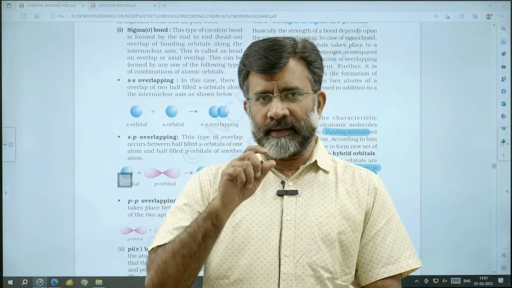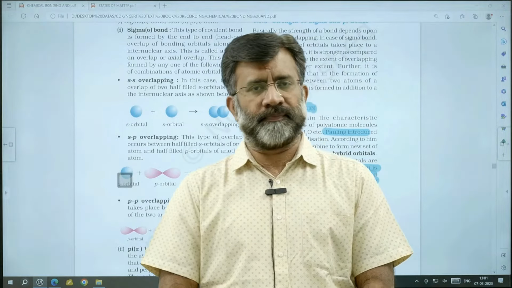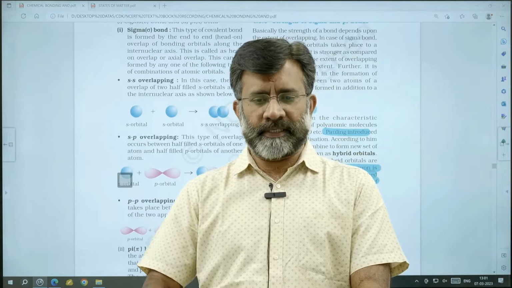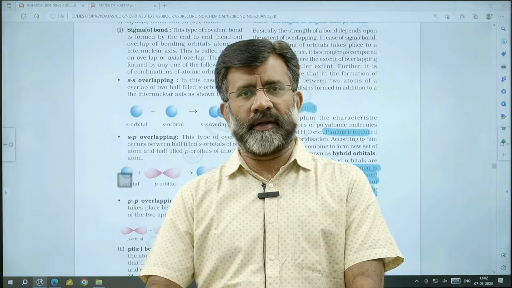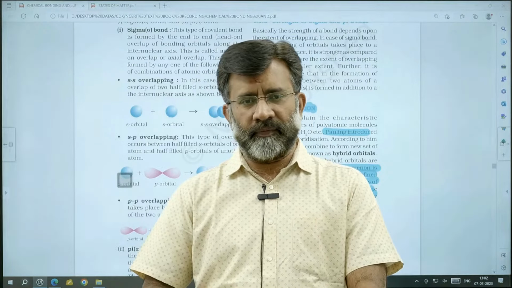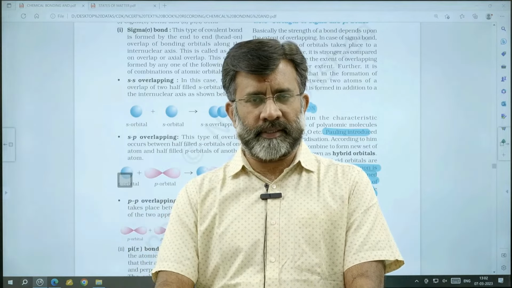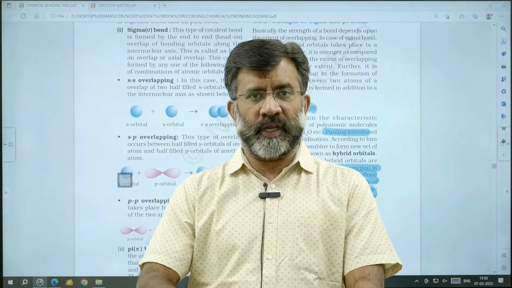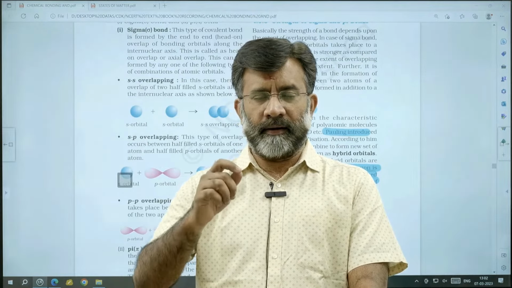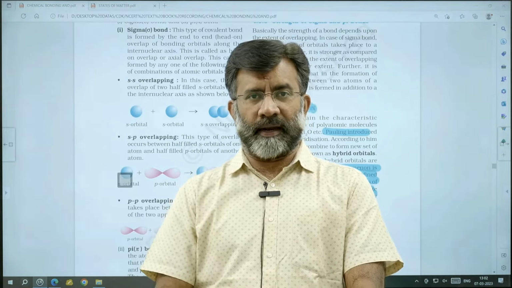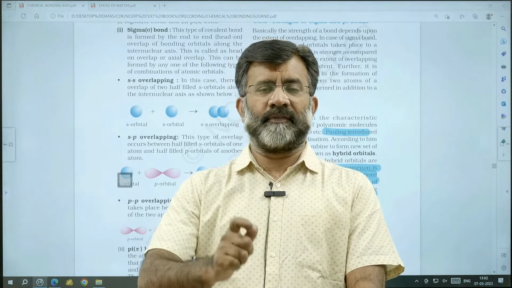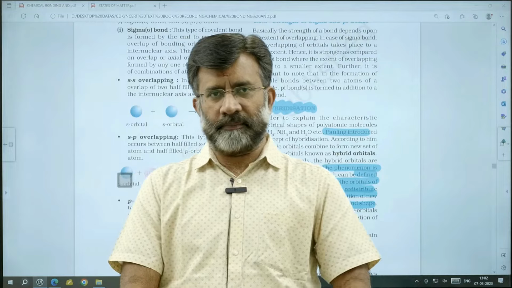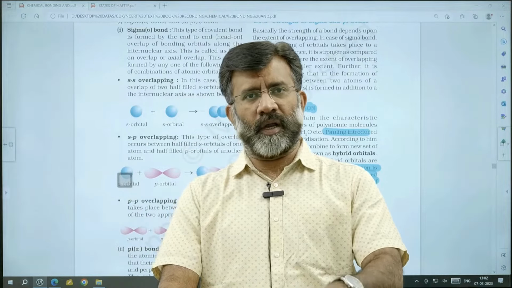It is the intermixing of atomic orbitals having slightly different energy and shape, happening on the central atom of a covalent molecule, and thereby we get a redistribution of orbitals giving an equivalent number of new orbitals having identical shape and energy, and they are distributed around the central atom, giving definite geometry to the molecule. So basically hybridization happens on the central atom of a covalent molecule.